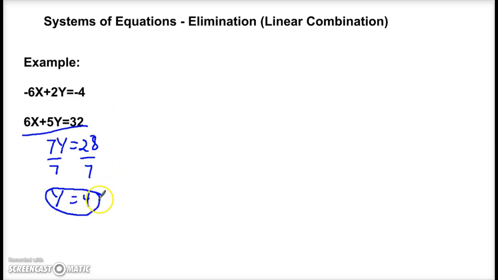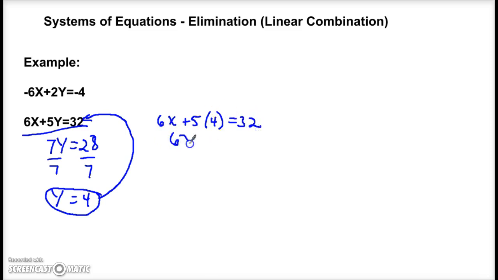And now we need to take this value of y and substitute it into one of the other two equations. I'll do this one here simply because the x is positive. I could do either one. So this would give me 6x plus 5 times 4, because my y value is 4, equals 32.